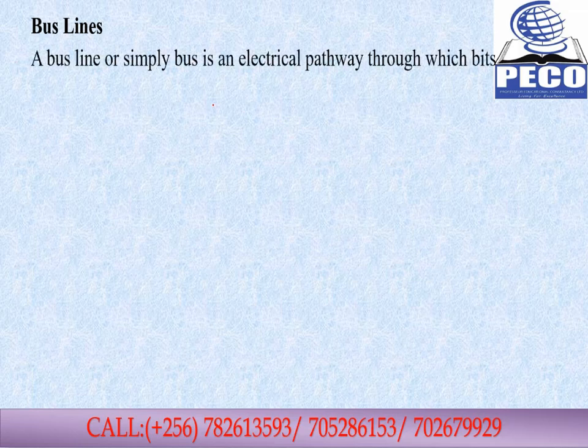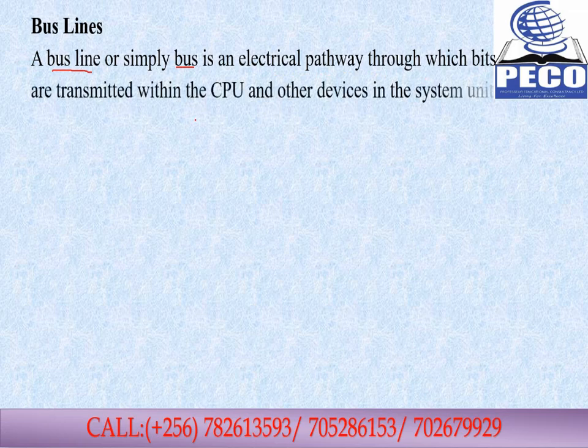Now a bus line, or simply bus, we learned before actually that these are channels, is an electrical pathway through which bits are transmitted within the CPU and other devices in the system unit.